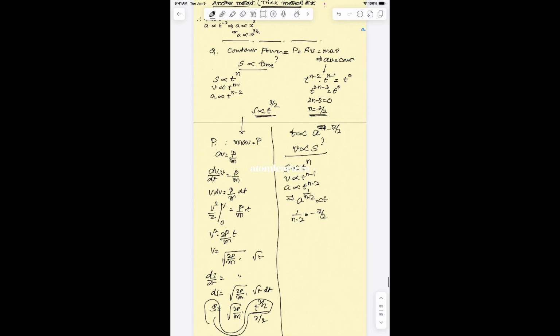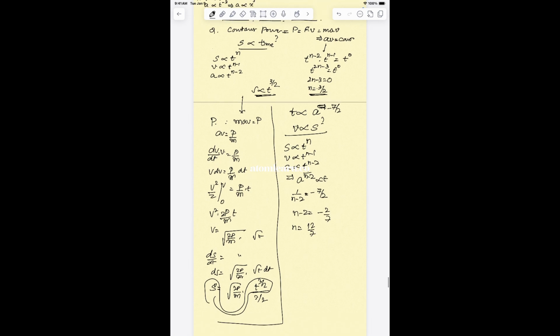And therefore, what is n? n minus 2 equals minus 2 by 7, or n equals 2 minus 2 by 7, which is 12 by 7. n equals 12 by 7. That means s is proportional to t power 12 by 7, and velocity is proportional to t power minus 1, which is 5 by 7, right?